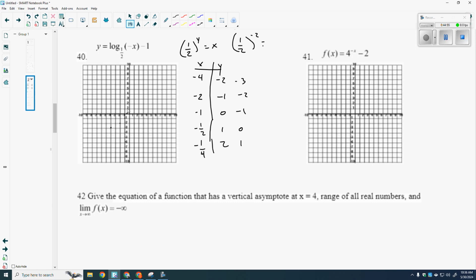All right, never mind. That looks good. So my graph cruises along here, turns, does not cross the y-axis.